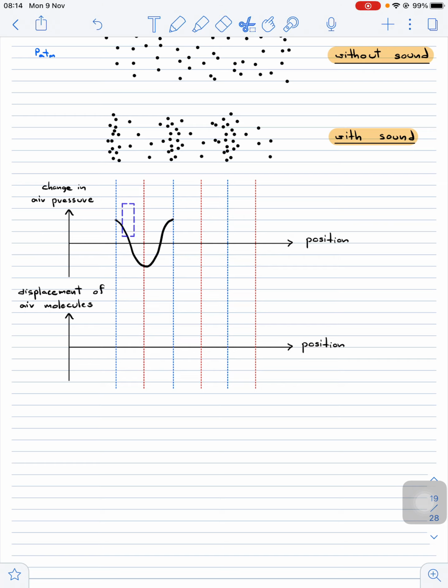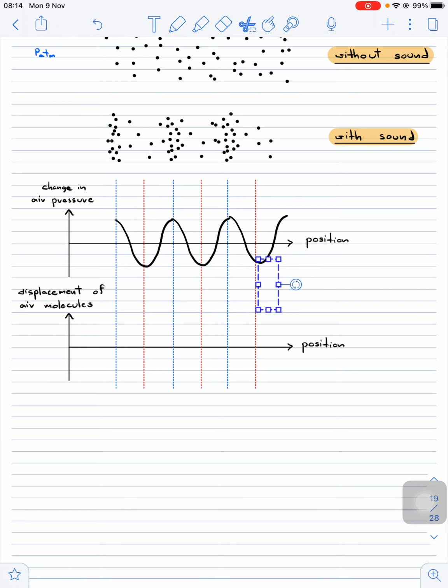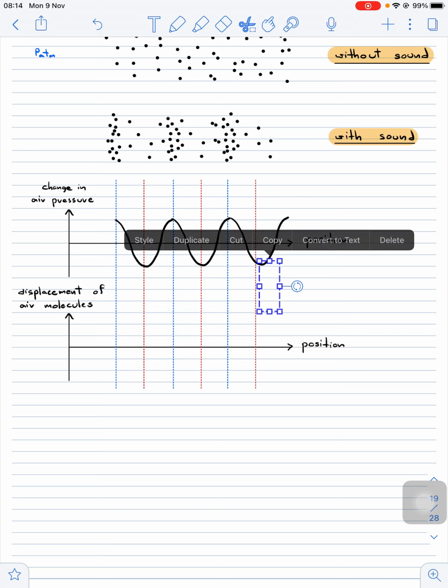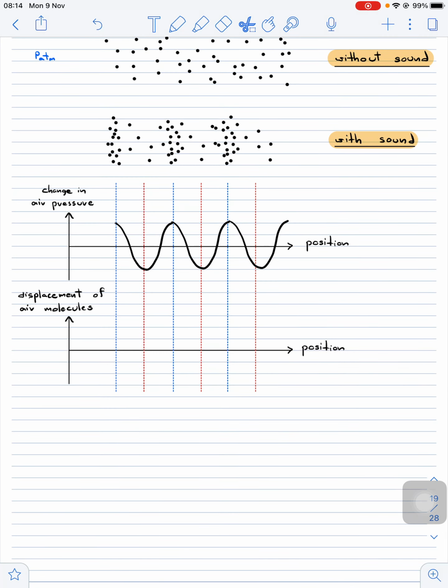Then I'm going to make a copy. So it should be something like this, and so on.